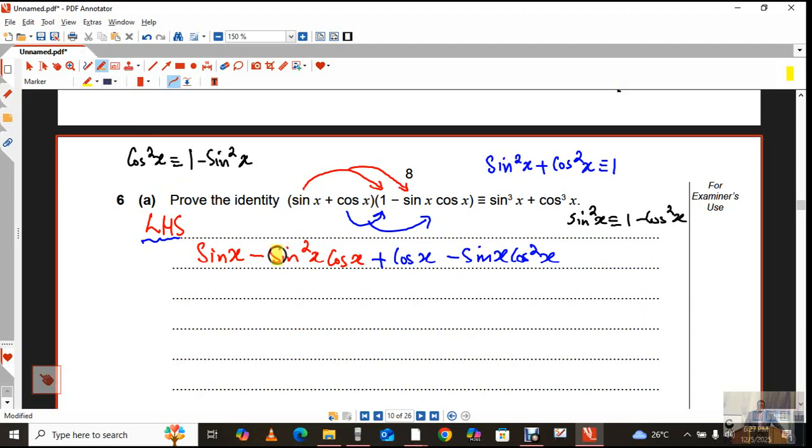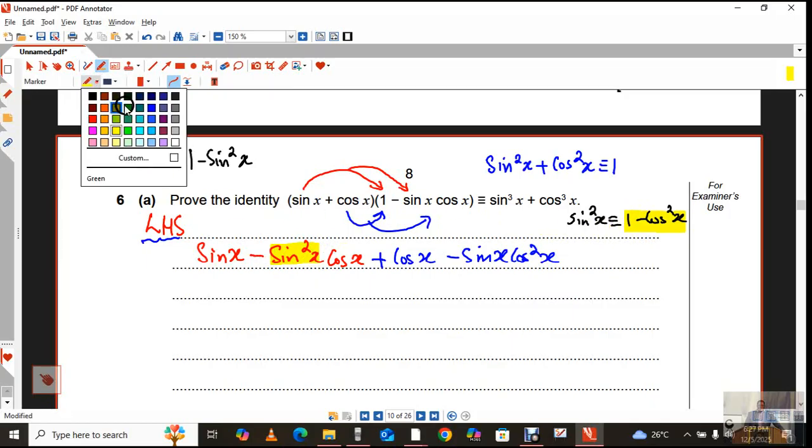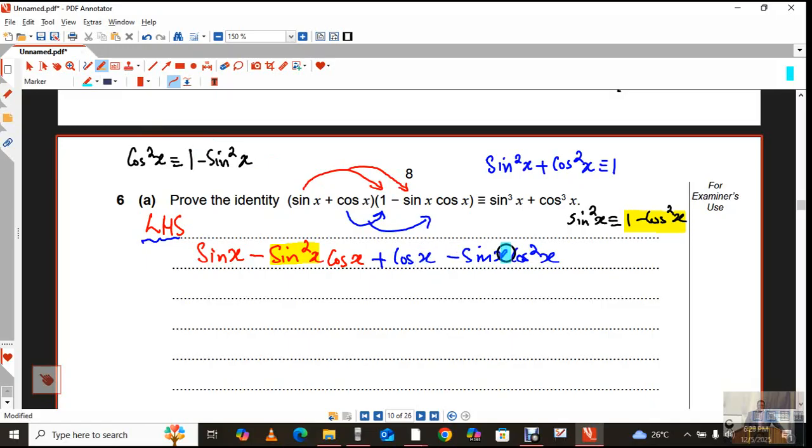Because where I have sin square x, I'm going to replace it by 1 minus cos square x, and where I have cos square x, I'm going to replace it by that value. Clear? So let's continue.